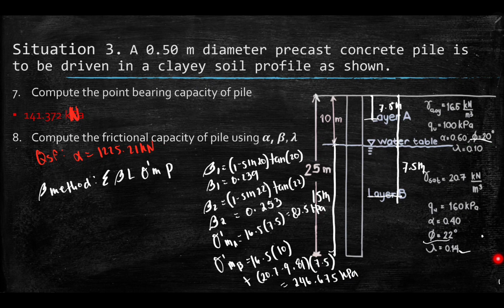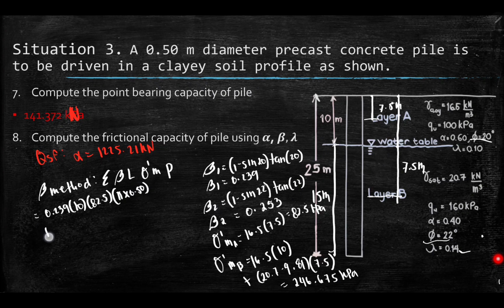Now, we can solve for the frictional capacity of pile using beta method. Okay, so sa first layer, beta 1, which is 0.239. Ang length niya, soil layer A is 10. Ang sigma prime m niya sa soil layer A is 82.5. Ang perimeter niya is ganun pa rin, pi times the diameter, pi times 0.50.